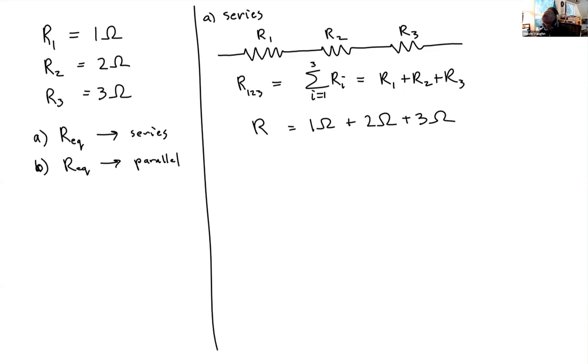This is the easiest example we could possibly do. And we add those together, and our equivalent resistor is a 6 ohm resistor. So we could replace those three with a single one rated at 6 ohms. Pretty simple, pretty straightforward.